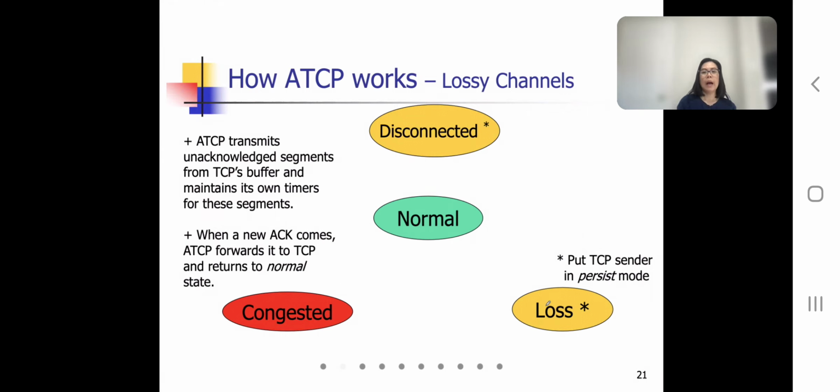If it times out, then ADCP will put TCP in persist mode. Now at this point, it has to check the ECN flag first. In this case, the ECN flag is 0. That means there's no sign of congestion. So the assumption is the packet is lost because of a high bit error rate. So in this case, ADCP will put TCP in persist mode.